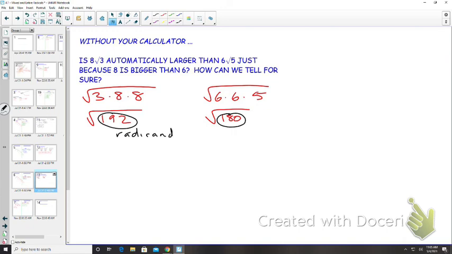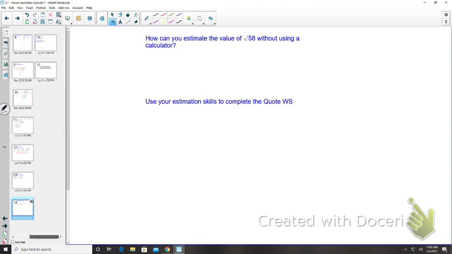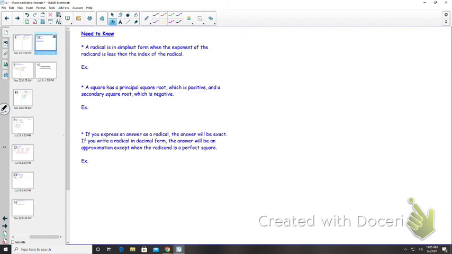Okay, almost there. So, how could you estimate the value of root 58 without using a calculator? Not to worry about that. Let's skip that. Okay, so this is a need to know, and this is where we're going to finish off today. A radical is in simplest form when the exponent of the radicand is less than the index of the radical.